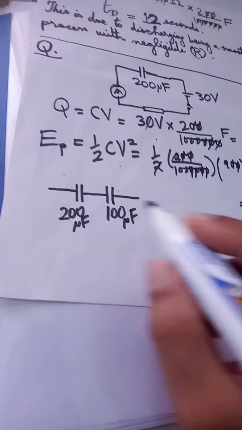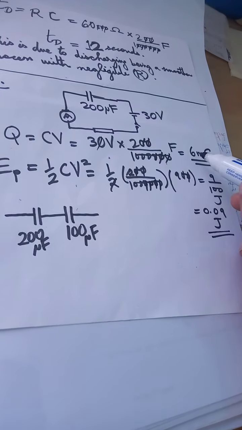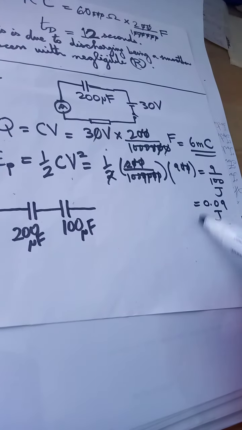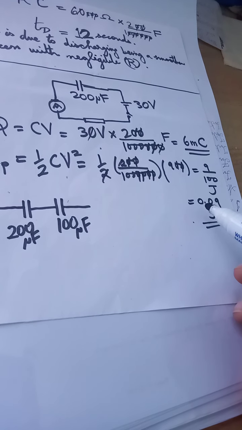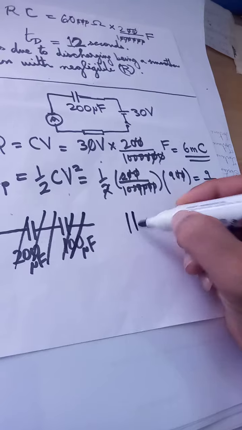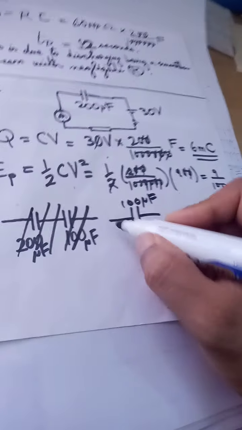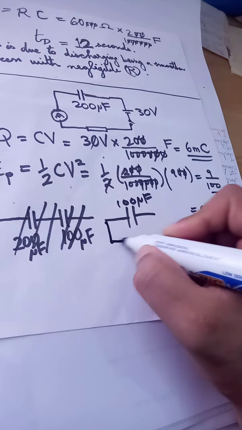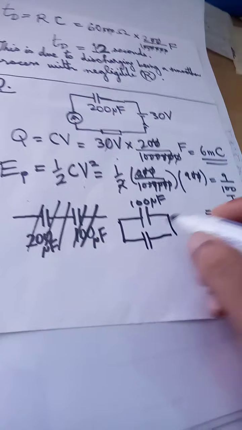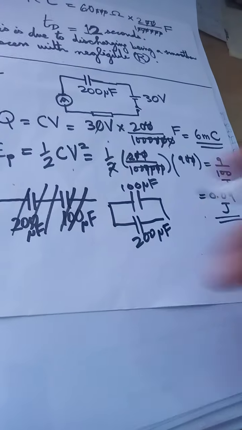So how would it impact the charge, and how would it impact the energy? Sorry, to make it simple, I would say if I connected 100 microfarads in parallel to the 200 microfarads in the circuit, how would it impact the charge, and how would it impact the energy?